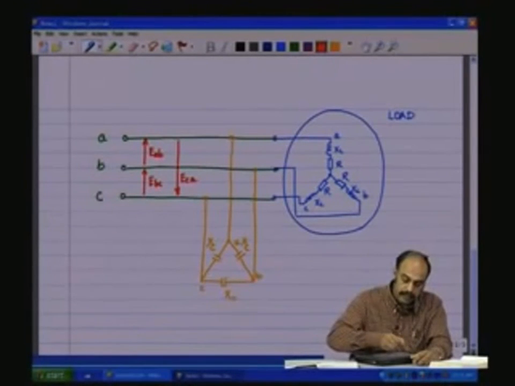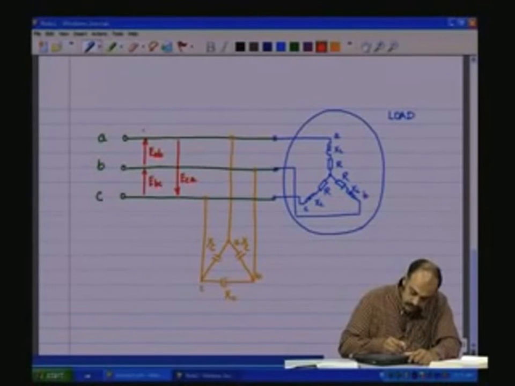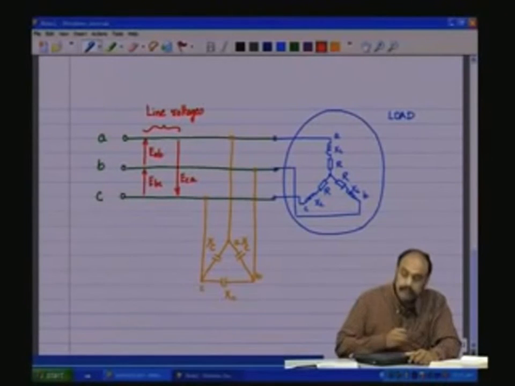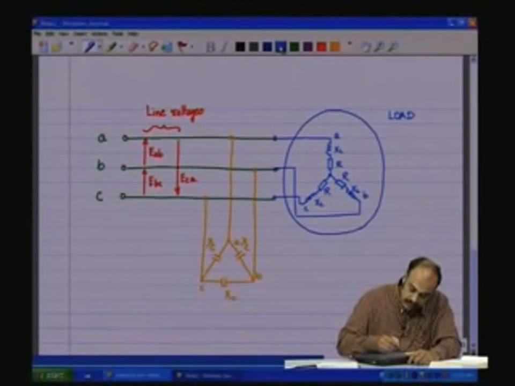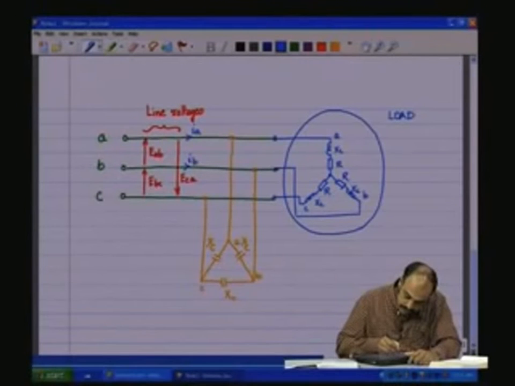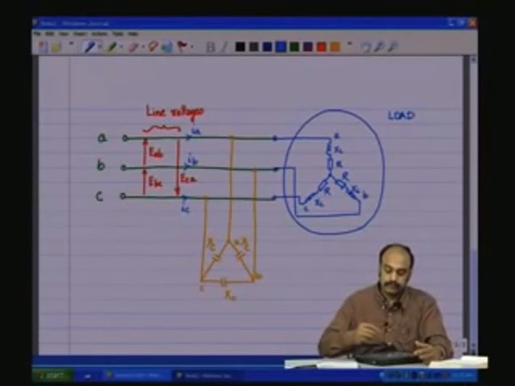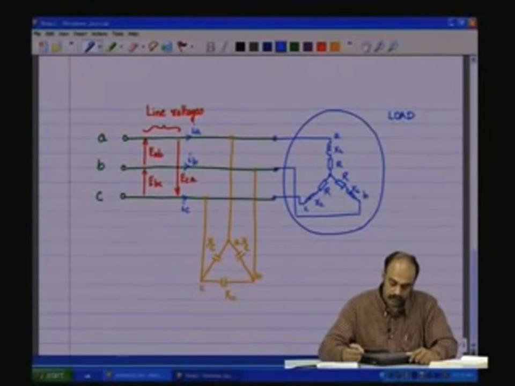These are the line voltages. Now, let me also have the line currents IA, IB, IC.